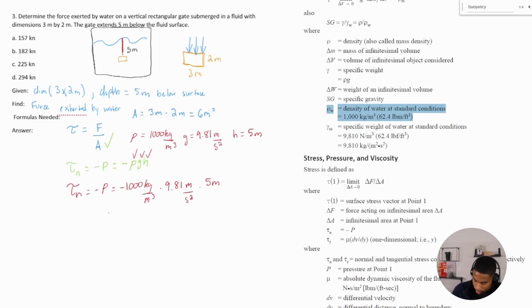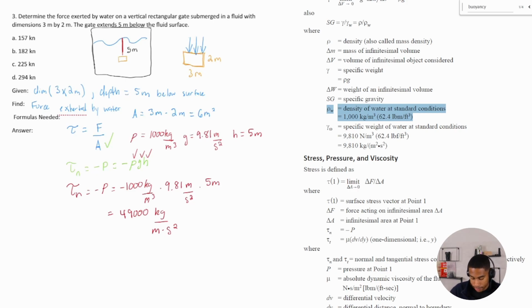And so I get 49,000 kilograms over meter second squared. All right, and then we have T sub n.